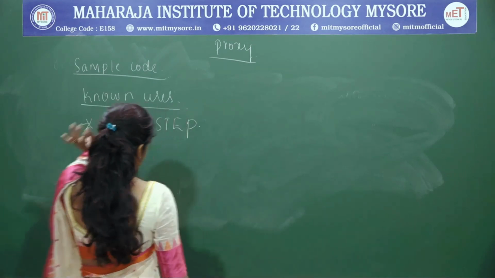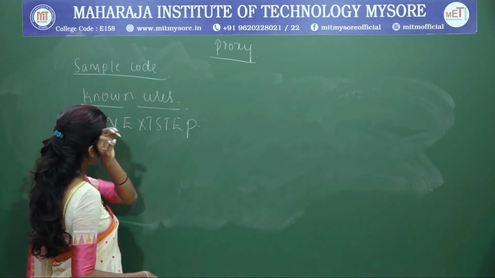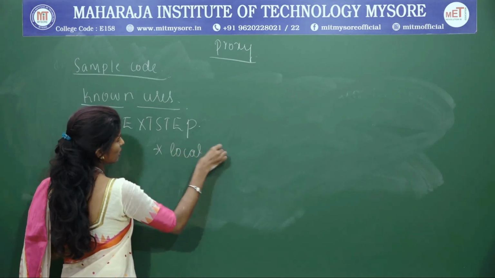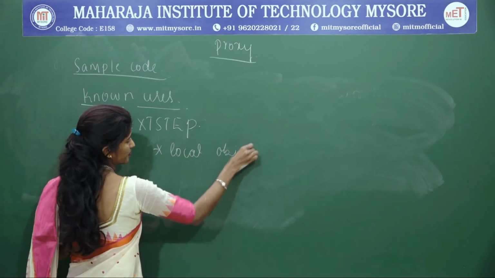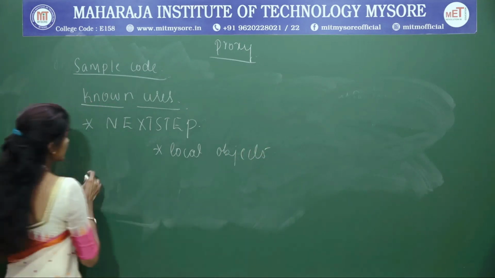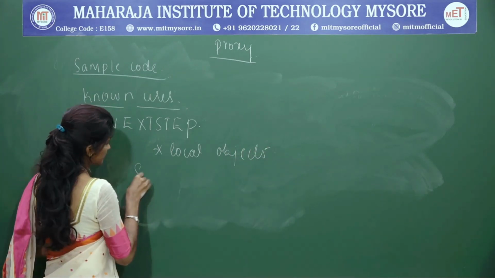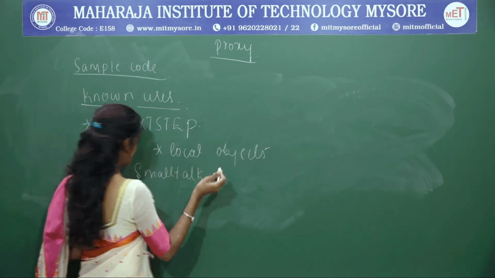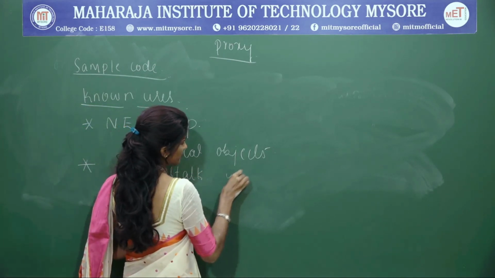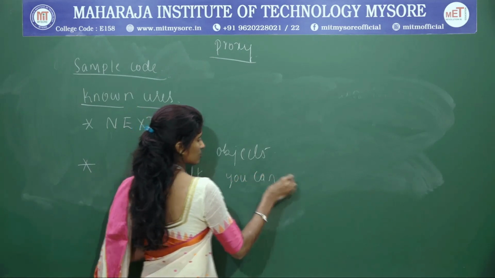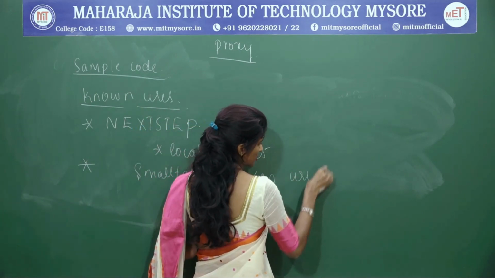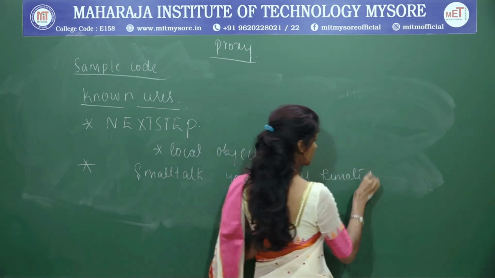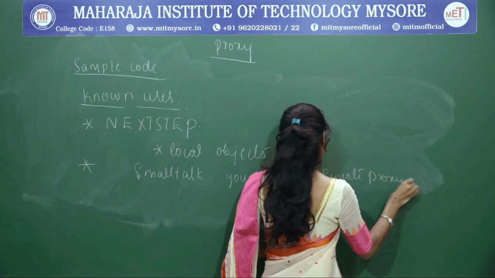So you can make use of the proxy as a local representative or a local object. Next we will see that even in Smalltalk you can use remote proxies. This remote proxy will be widely used.